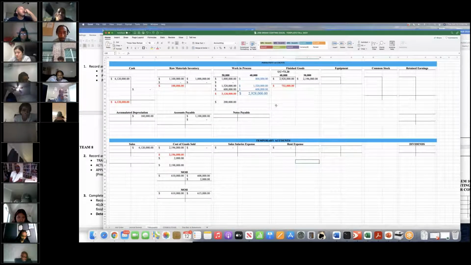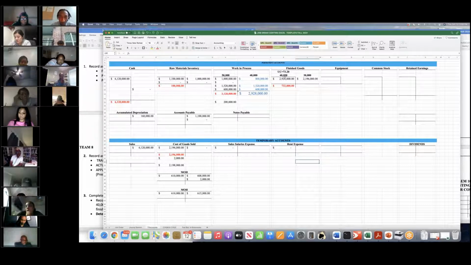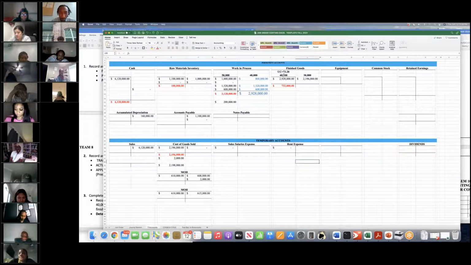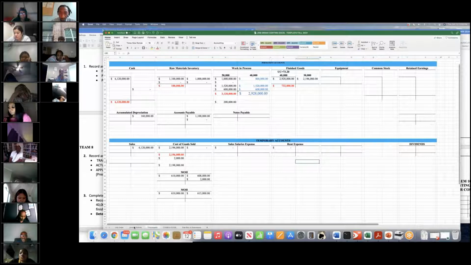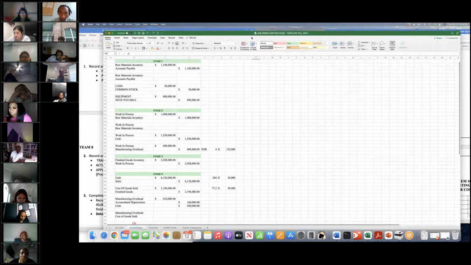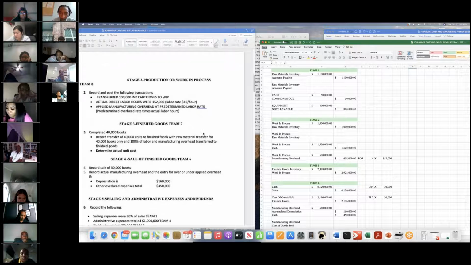So once we do that posting of the 2,928, the finished goods, we got 40,000 units. We now need an actual cost. So we divide 40,000 into 2,928 and we get 7,320 as our unit cost. Now, as we go back to journal entries, the next set of journal entries, first of all, record the sale of 30,000 books.